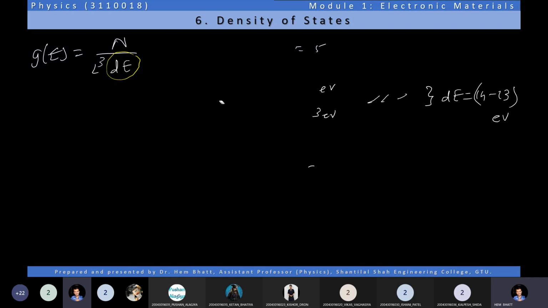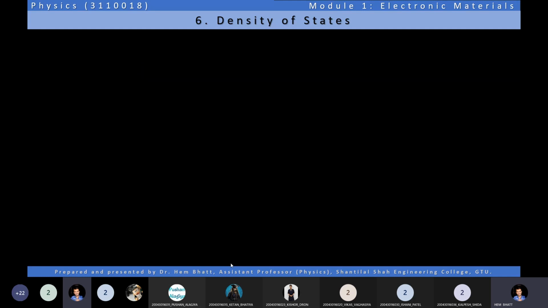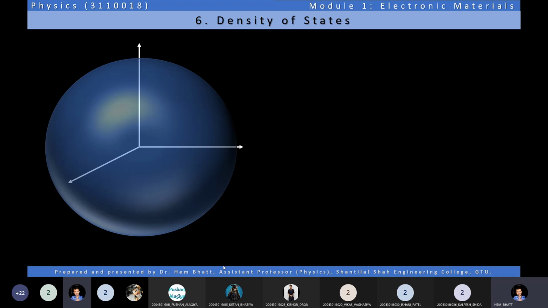Let me clear this. Consider that there is a sphere, and its radius is k. We are talking about sphere of radius k.